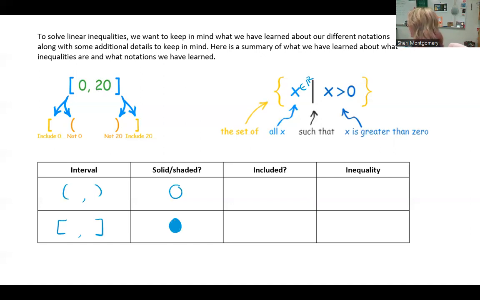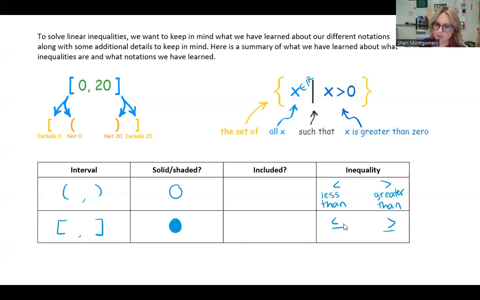The next symbols that I want to put into this table are under the inequality part. And so we're just going to remind ourselves what these symbols look like and what they are. So we have that one and that one. So this is less than. And this is greater than. We can also have these symbols. So remember that when you have the flat line of your bracket, that's when you have the flat line under your inequality symbol.